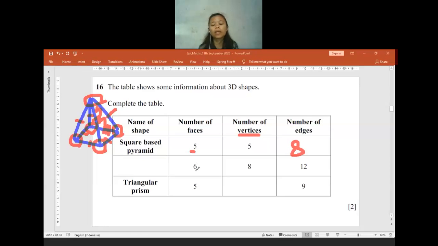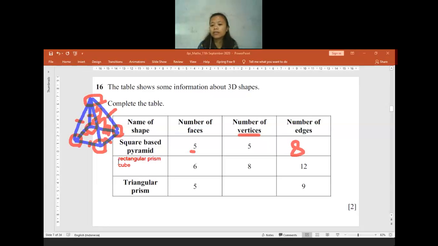No? Okay. So now we have to find what shape has 6 faces, 8 vertices and 12 edges. Rectangular prism. Okay, it makes sense. Is there any other shape? I think there is another shape other than rectangular prism.